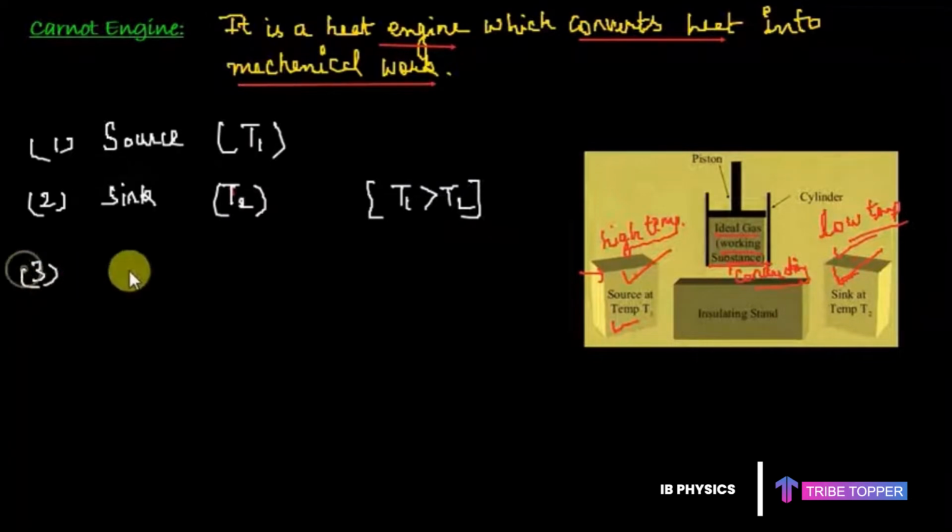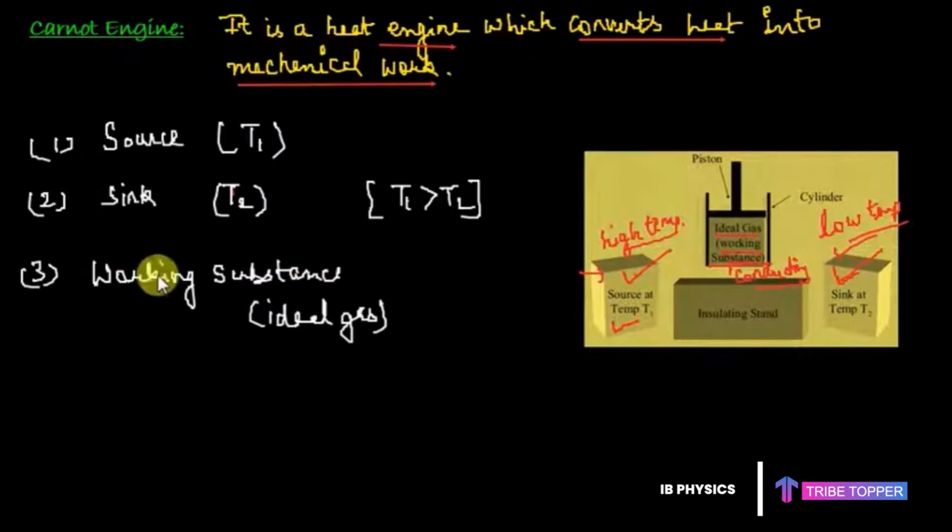And the third one is a working substance, and your working substance is an ideal gas. So these are the essential parts. We have defined the Carnot engine and written all the essential parts. For this, you just need to draw a clear, labeled diagram and write these things. That should be sufficient to explain to the examiner.